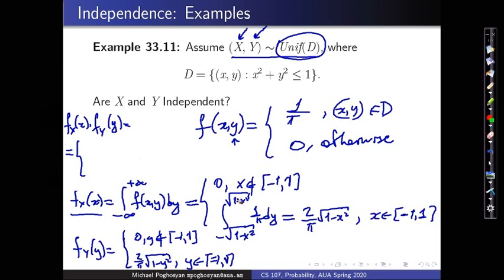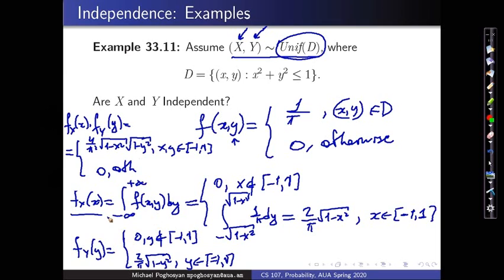I will have non-zero only in the case when y is here and x is here, and in that case I will multiply these two numbers, and I will have 4 over pi squared times the square root of (1 minus x squared) times (1 minus y squared) if x and y are in [-1, 1], and 0 otherwise, because if one of the terms is 0, then the product will be 0.